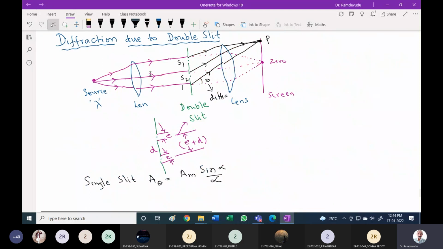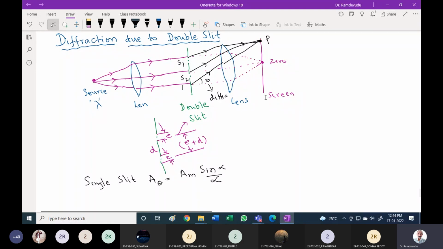But if I open both the slits, they act as Young's double slit. In Young's double slit, what have we observed? In Young's double slit experiment, we got interference, because each slit acts as one of two coherent sources.